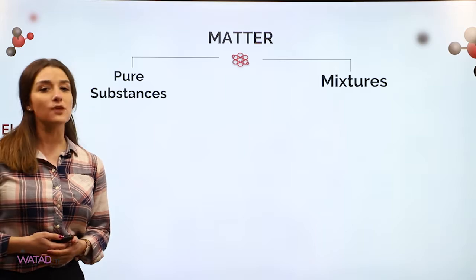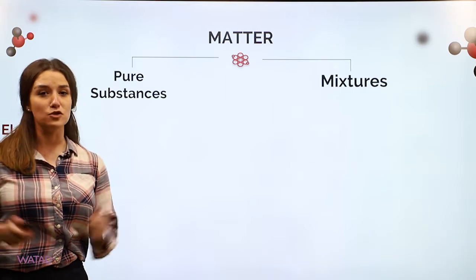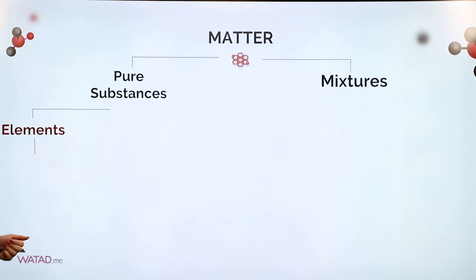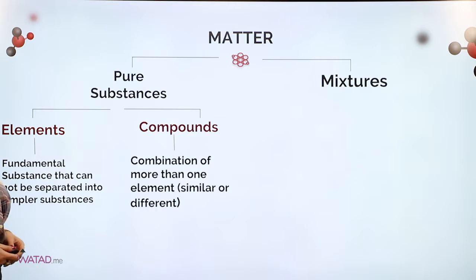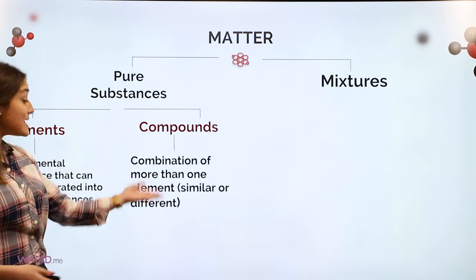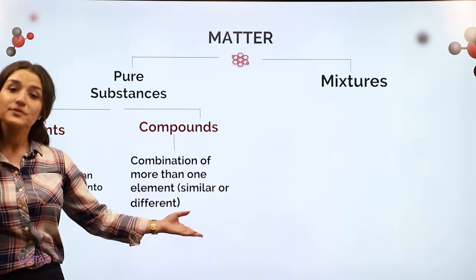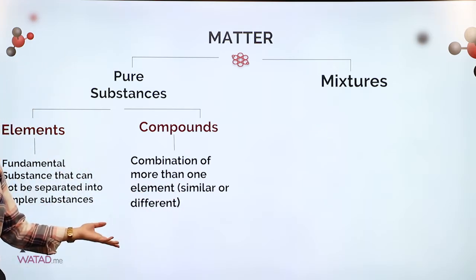Pure substances are subdivided into elements and compounds. By elements, we mean the fundamental substances that cannot be separated. That's the basic building block of everything. And compounds are the combination of more than one element. These elements can be of a similar kind or of a different kind.